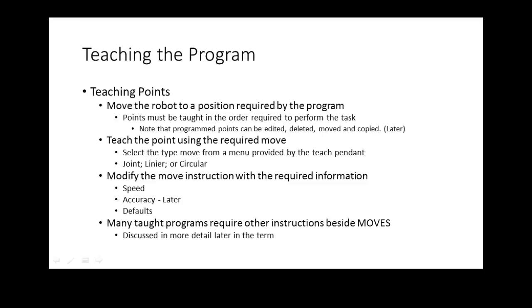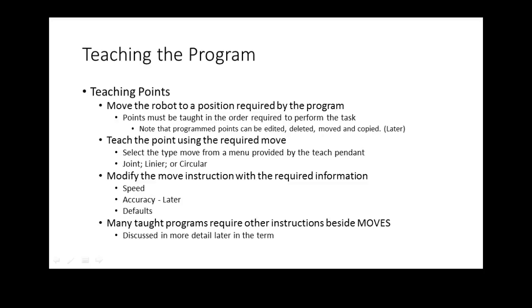Good. And then we have at least 3 types of moves. What are the 3 types of moves? Joint, linear, circular. One of them is what we call a control path move. 2 of them are control path moves. What are those? No, we're talking about moves. We're not talking about roll, pitch, jog.